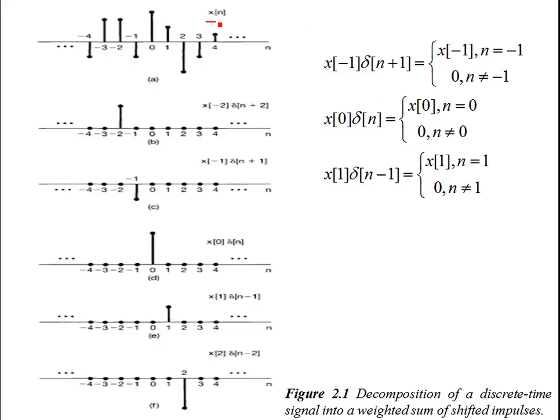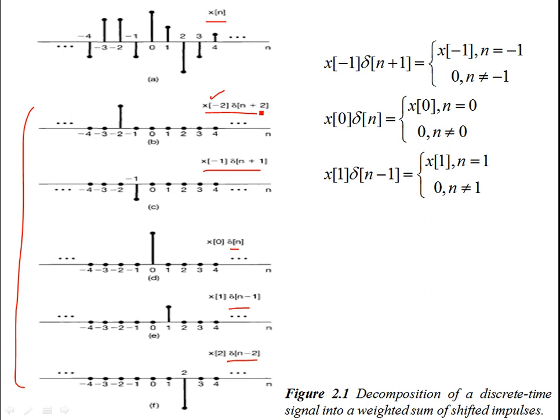Now you have an arbitrary sequence of any arbitrary length. The length here is infinite, but there are 5 shifted impulses that you can see in parts B, C, D, E, and F. You have the shifted impulses delta n plus 2, delta n plus 1, delta of n minus 1, and delta n minus 2. With these there are weights, the scaling of each discrete time impulse by the corresponding sample from x of n.